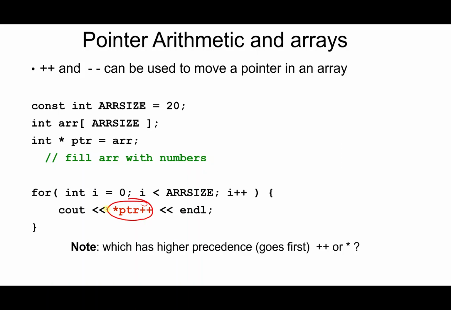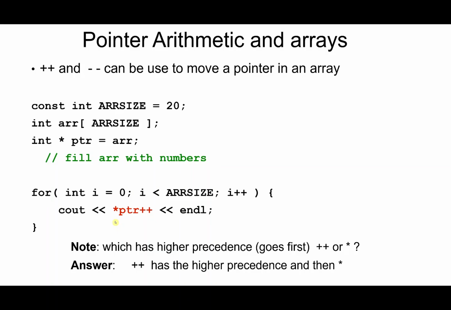But wait a second. Which one has a higher precedence? Which one goes first? The plus plus or the asterisk? This or this? Now the answer to that is the plus plus has a higher precedence than the asterisk. So if that is the case, then you're saying that I advance first, then I do dereferencing.